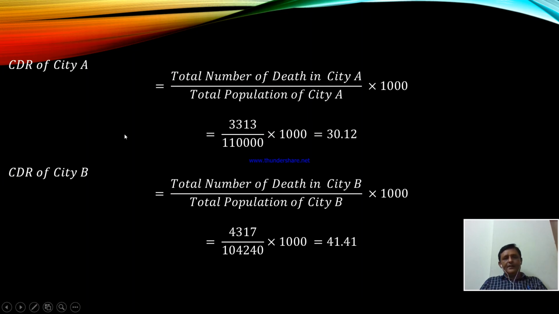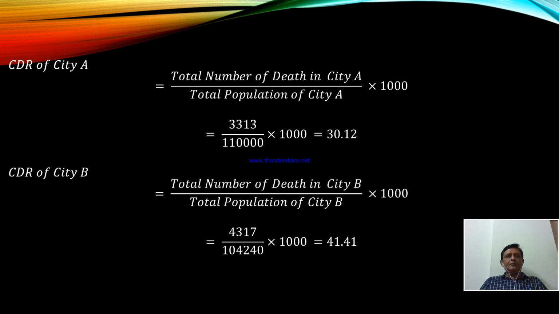So CDR of city A based on totals is 3313 by 110000 into 1000, and we get 30.12. If we implement the same for city B, here we take the total of 4317 deaths in city B, which is divided by the total population of B, 104240, into 1000, and here we get 41.41.